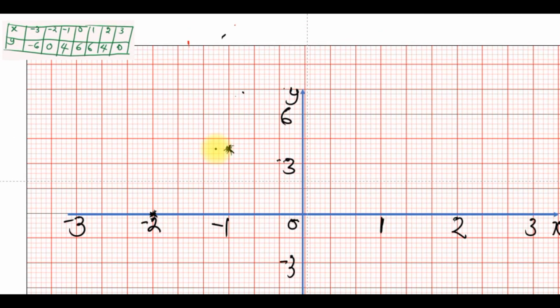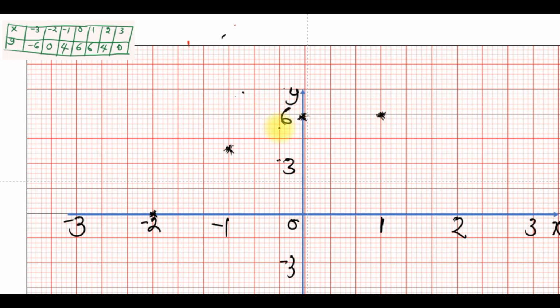So the next one, when x is 0, y is 6. So that should be on the axis. So again, when x is 1, y is 6. So this should be the point.